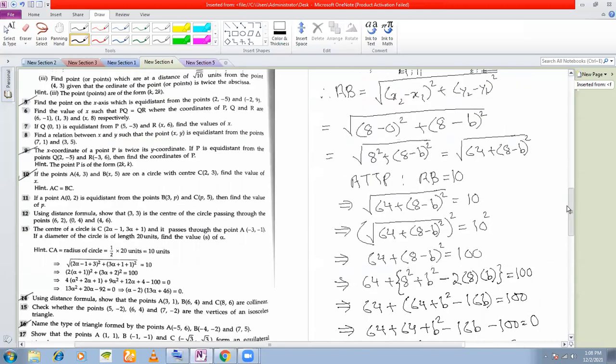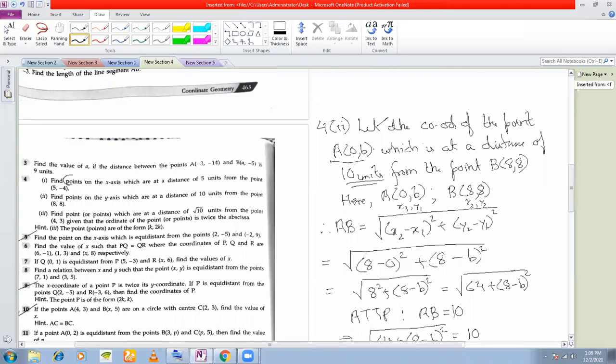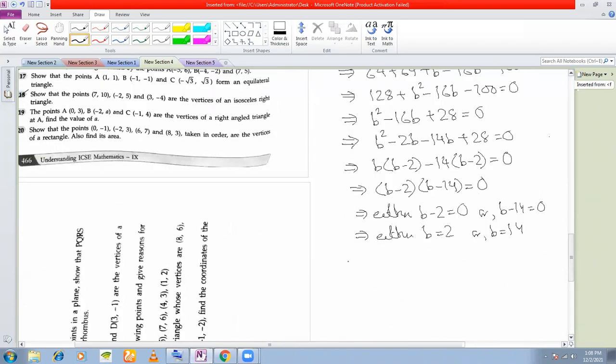And what was the point that we had taken here? See, the point that we had taken here was 0, b. So therefore, hence the coordinates of the points which are at a distance of 5 units or 10 units from which point?